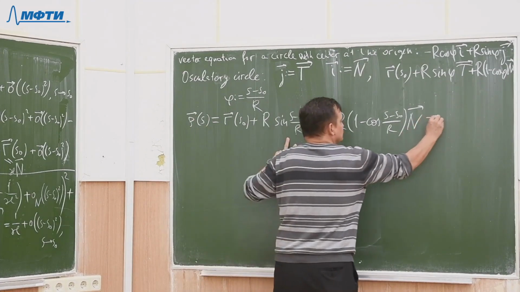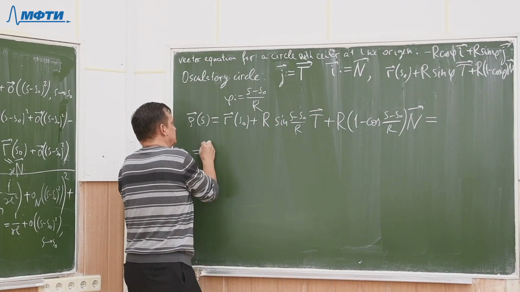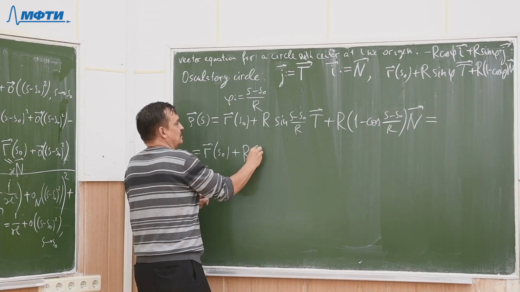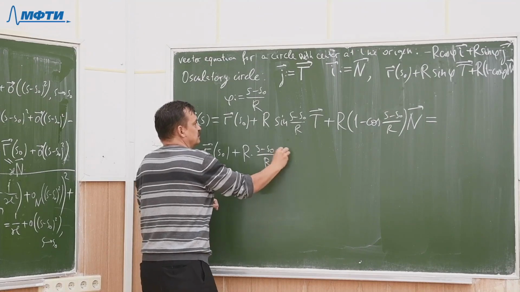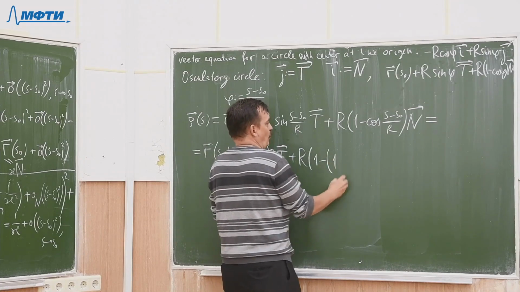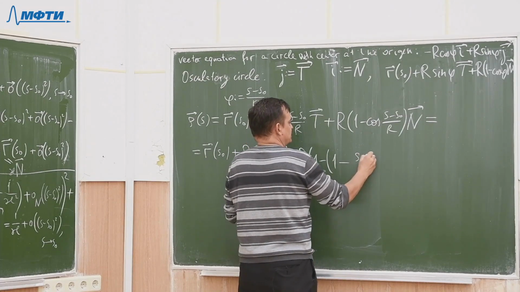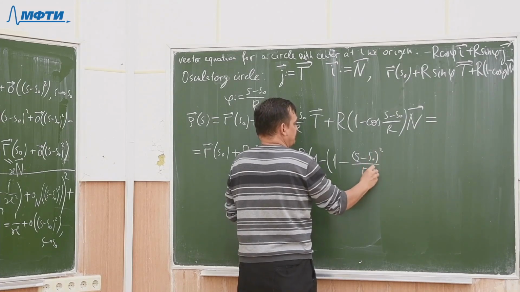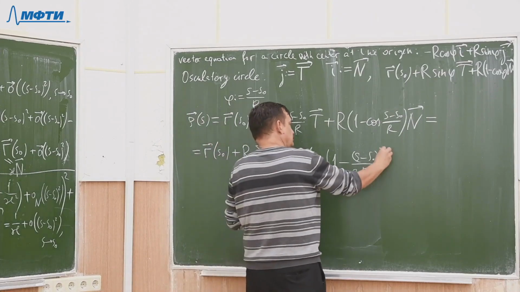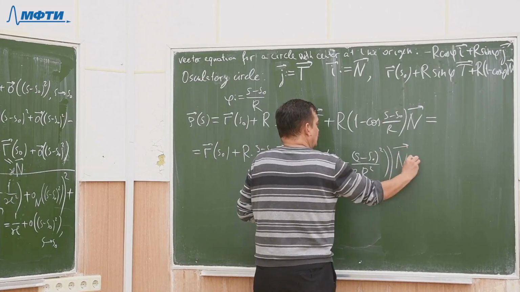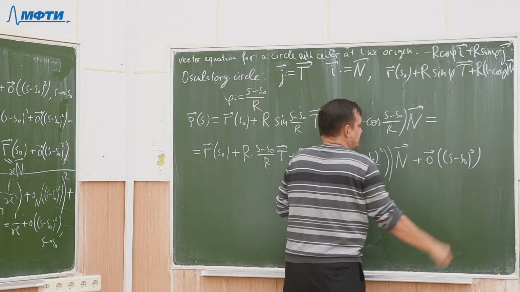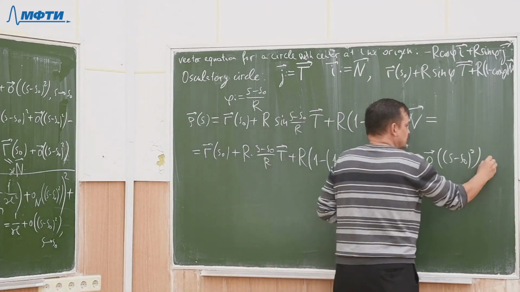If we remember those formulas, then we may write R times S minus S naught over R t plus R times 1 minus, S minus S naught squared over R squared over 2 times n, and of course some vector of order S minus S naught squared as S tends to S naught.